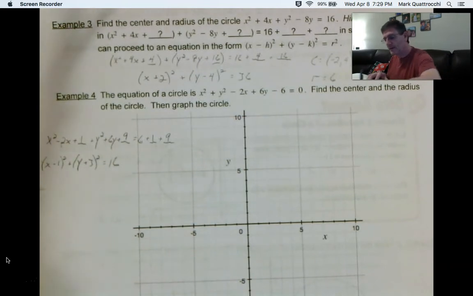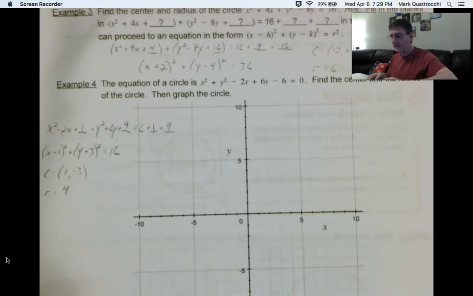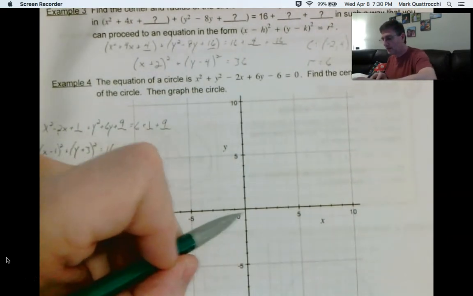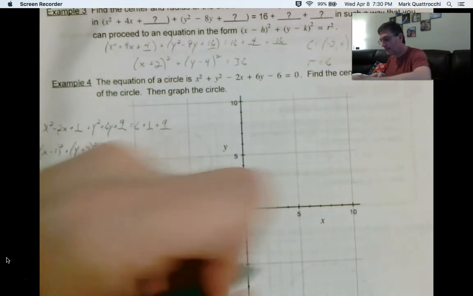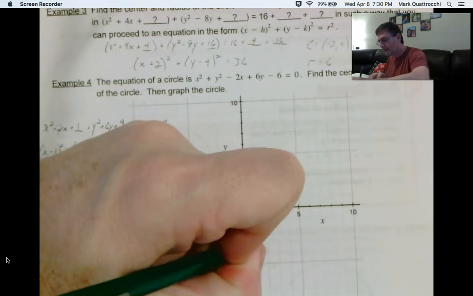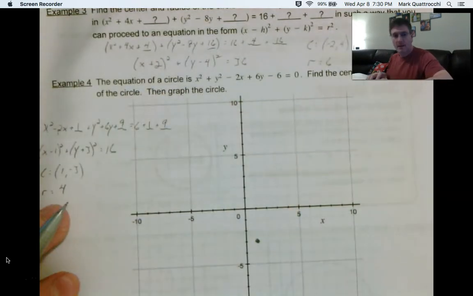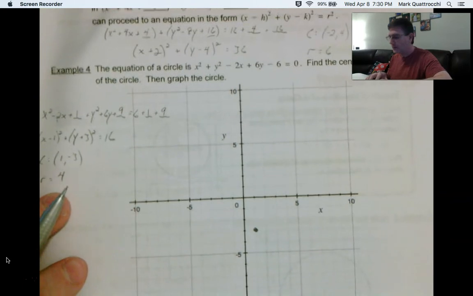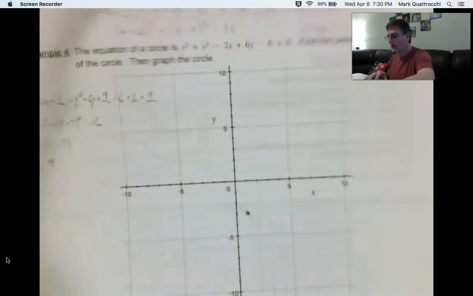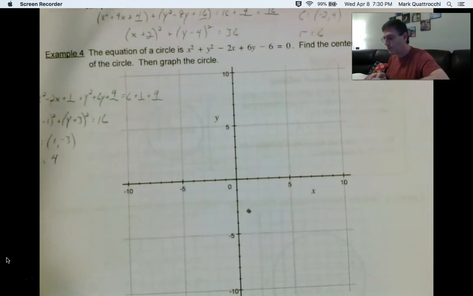So I have the center is at 1, negative 3, and the radius is 4. Okay, so 1, negative 3 is our center. And now we're going to go up 4, to the left 4, to the right 4, and down 4.